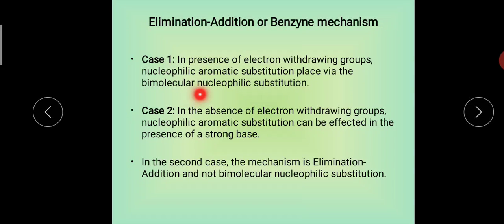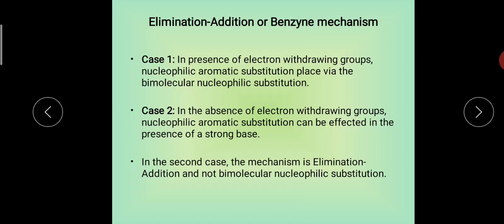Okay, but what happens if there is no electron withdrawing group present on your aryl halide? Then you have to either employ drastic conditions, for example, highly basic conditions, or the reaction can take place only if the temperature or pressure is high enough.